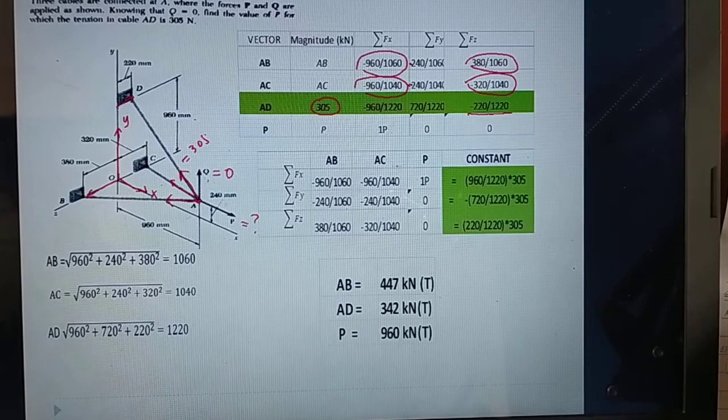When we transpose it to the other side, it becomes positive 960 over 1220 multiplied by 305, and I get respectively from the calculator the value of AB 447 kilonewton tension, AD is 342 tension, and P is 960 kilonewton tension.